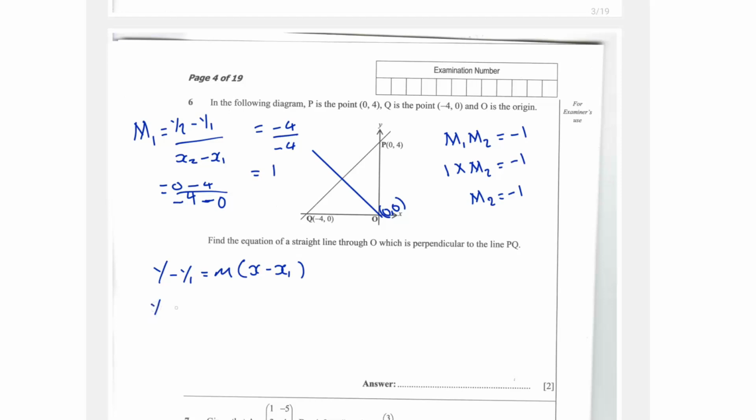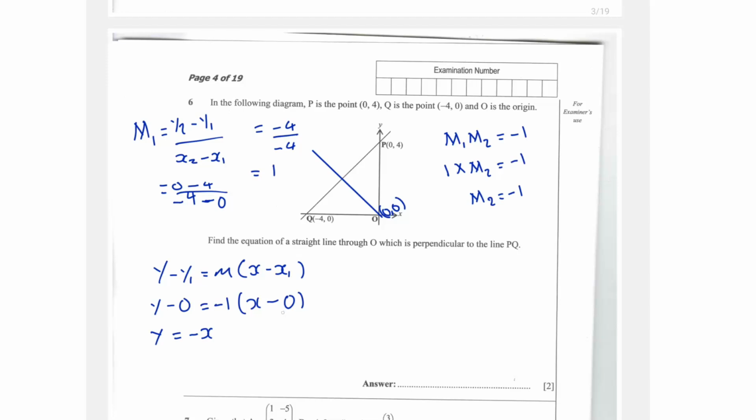So we can write y minus 0 equals -1, open bracket, x minus 0. Y minus 0 is just y. And then equal to -1 multiplied by x, you have -x.